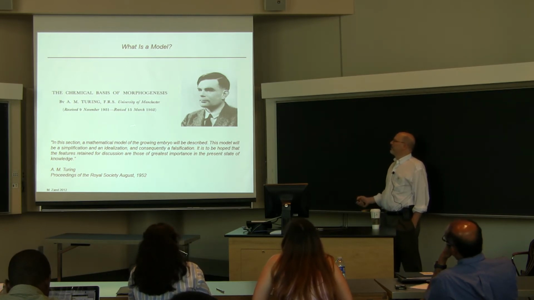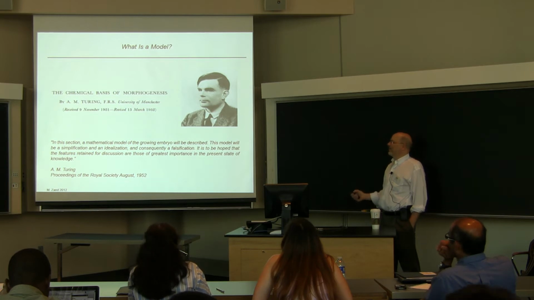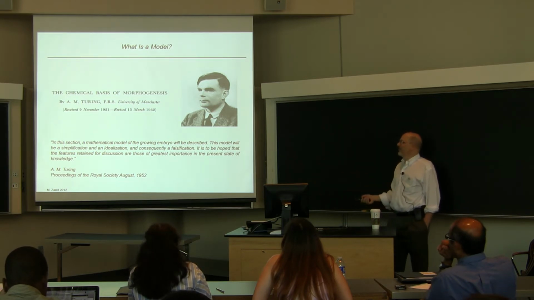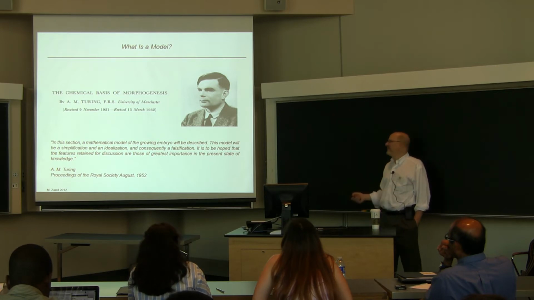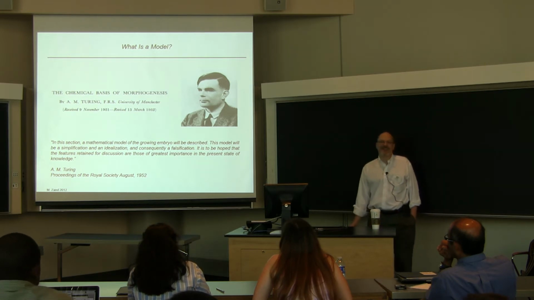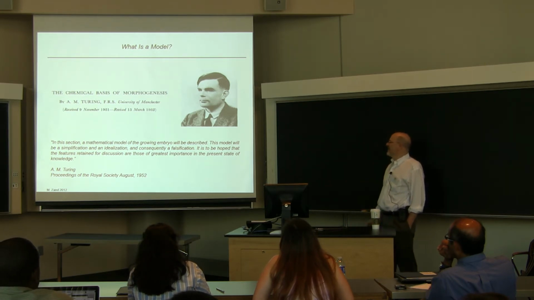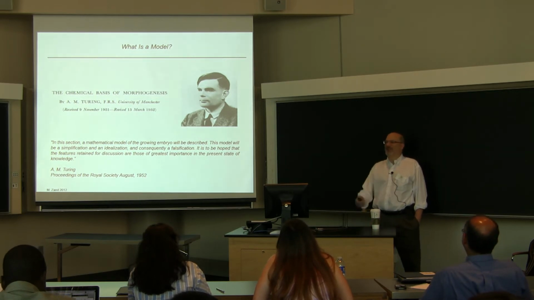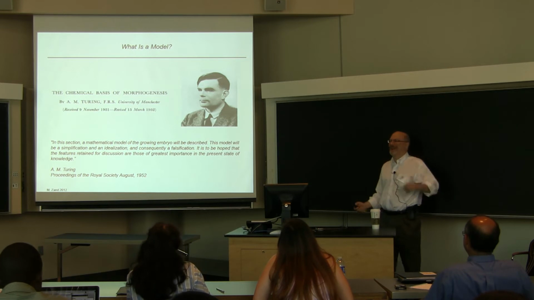And this is a paper about a mathematical model of morphogenesis based on chemical gradients. And this is really one of my favorite quotes about modeling, okay? In this section, a mathematical model of the growing embryo will be described. This model will be a simplification and an idealization, and consequently a falsification, right? All models are wrong, but are they wrong in an interesting way?